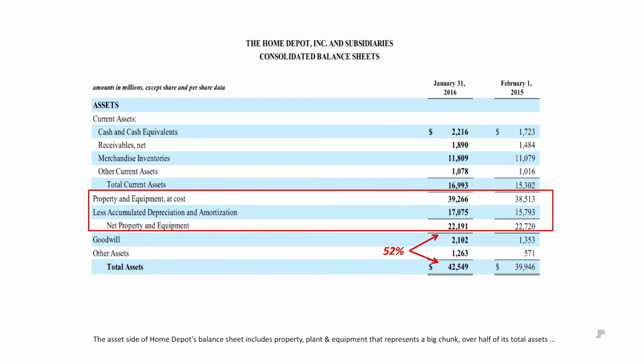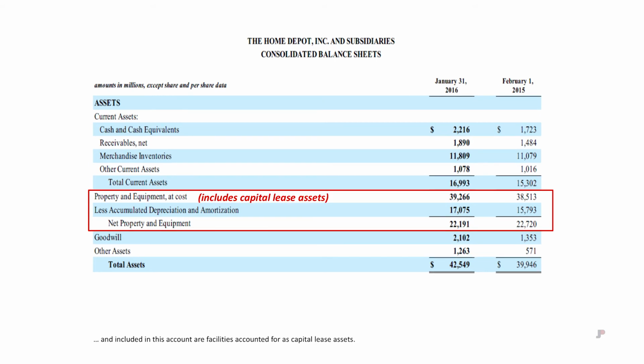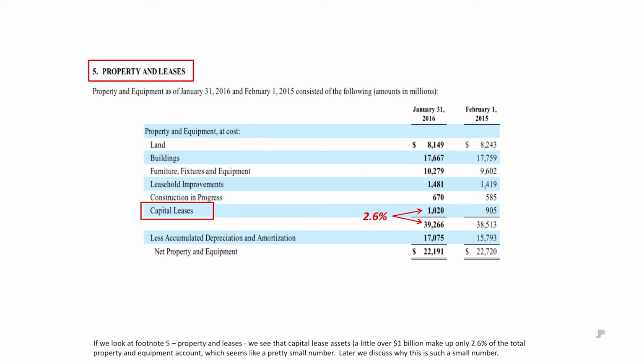The asset side of Home Depot's balance sheet includes property, plant, and equipment that represents a big chunk, over half, 52% of its total assets. And included in this account are facilities accounted for as capital lease assets. If we look at footnote 5, entitled Property and Leases, we see that it provides the detail that makes up the $22.191 billion net property, plant, and equipment dollar amount on the 2016 balance sheet.